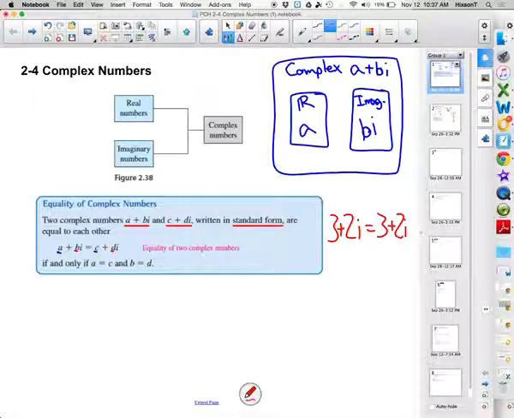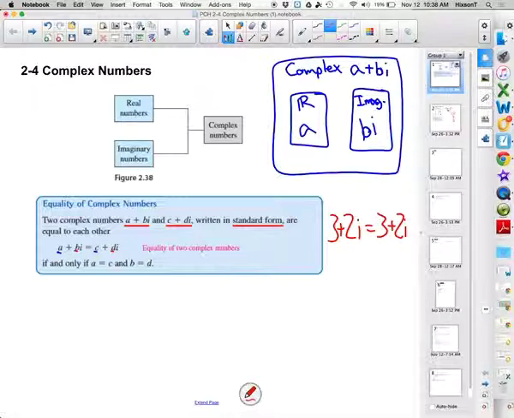Another thing I want to highlight today is the fact that when we're dealing with these complex numbers, we can treat the I just like we would a variable until we get to the very end.